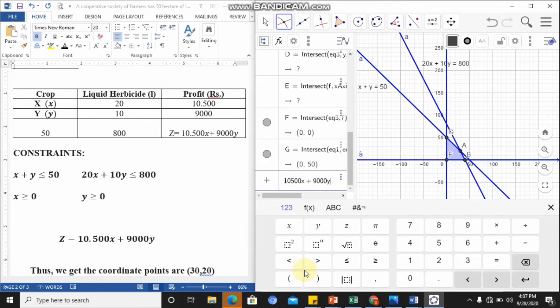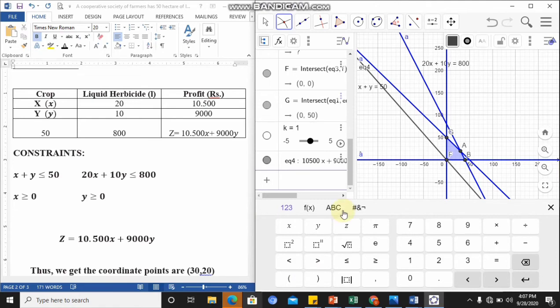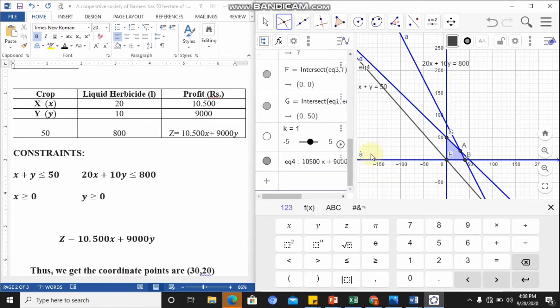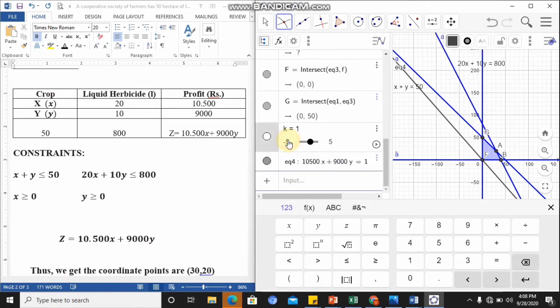We can make it equals k, for the interval from 0 to 500,000. I'm sorry.